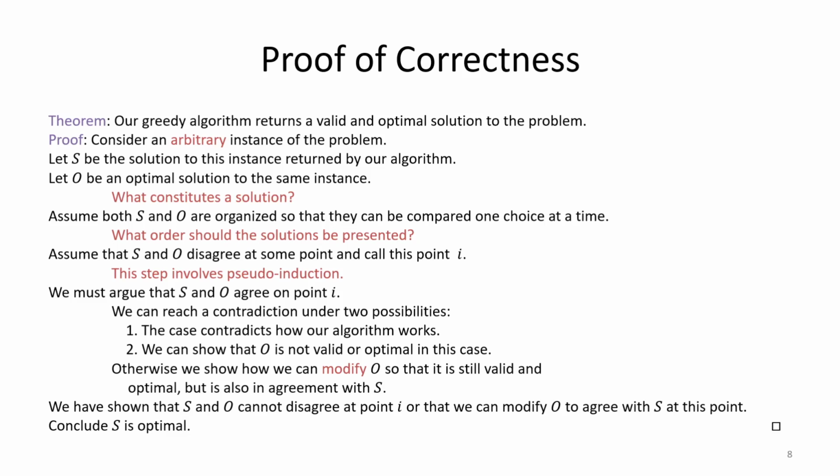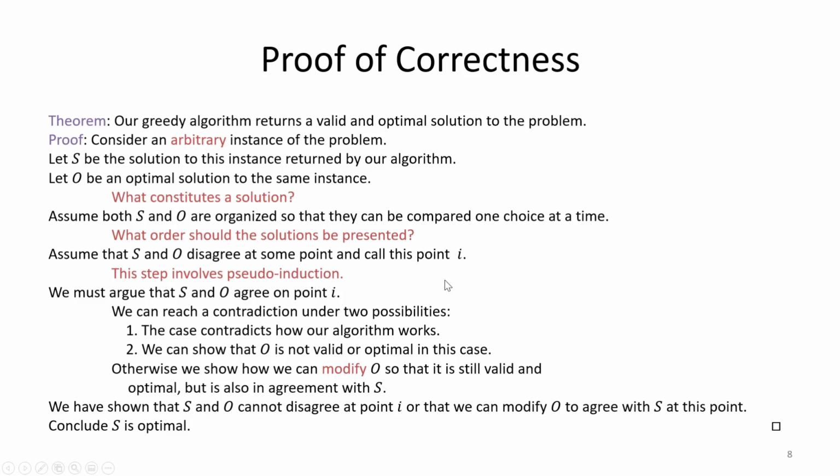Okay. Now we're going to dive into what I call the pseudo-induction here. The pseudo-induction is where I'm saying, okay, let's assume they agree up till now. That's the pseudo-inductive hypothesis. Assume everything's okay up till now, and then let's only talk about this point where maybe they disagree.